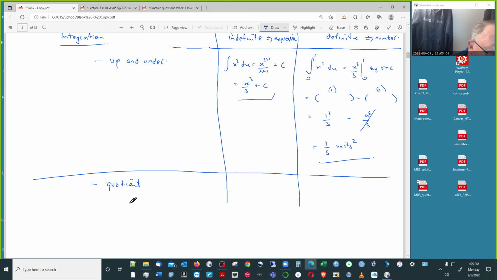So the quotient has the form of the derivative over the function. Okay.